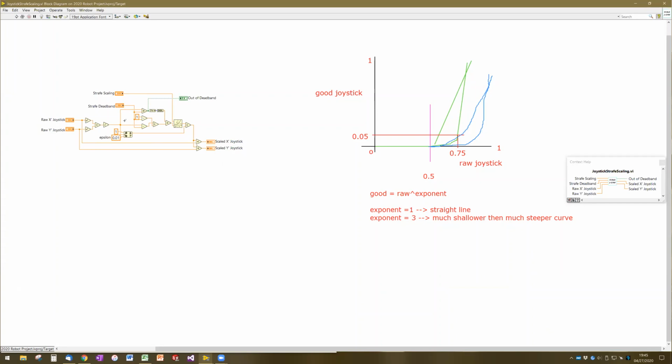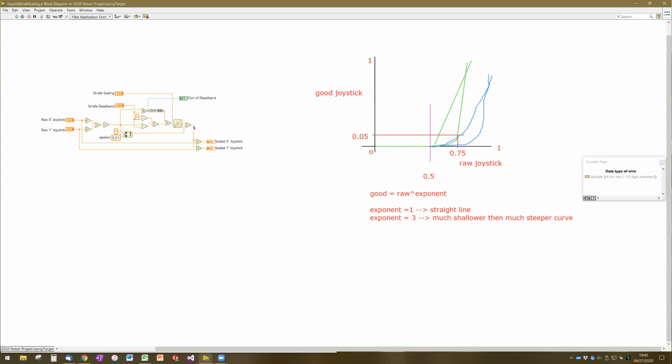So we go ahead and do the Pythagorean theorem magnitude, the square root of x squared plus y squared, and that magnitude is our raw joystick value. So that's the x-axis here. And then we apply the deadband and the power function.